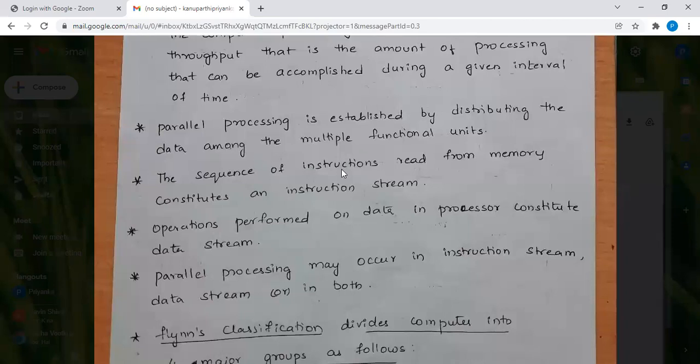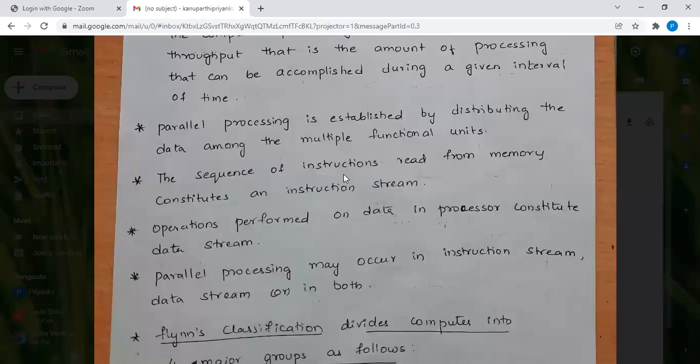The sequence of instructions which are read from memory constitutes an instruction stream, and the operations which are performed on the data in the processor constitute the data stream.